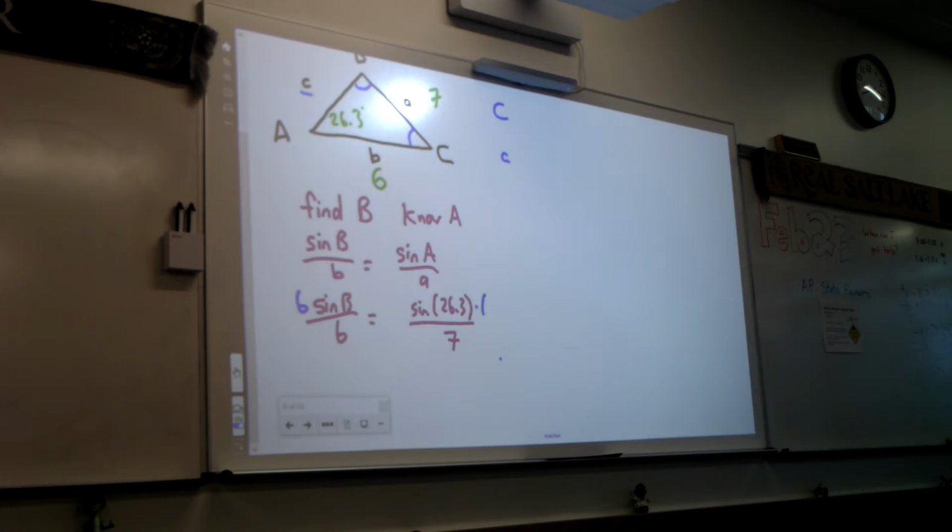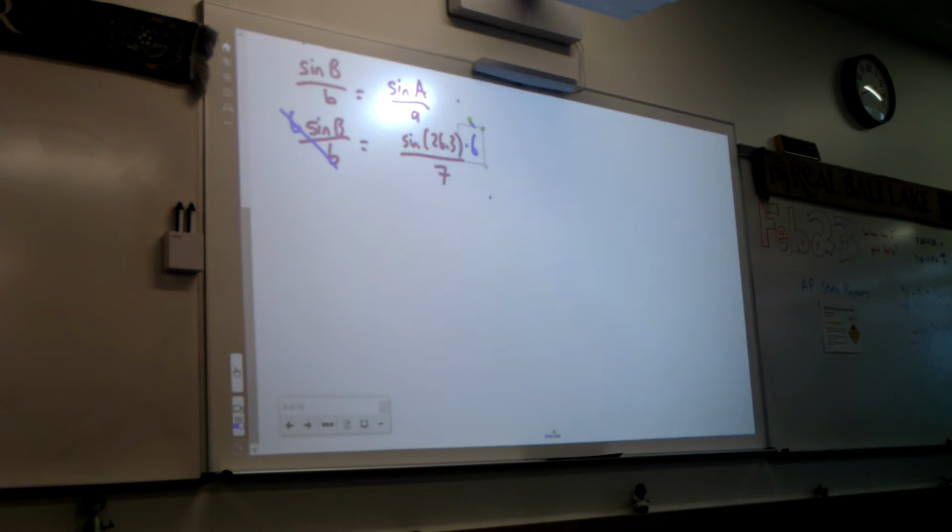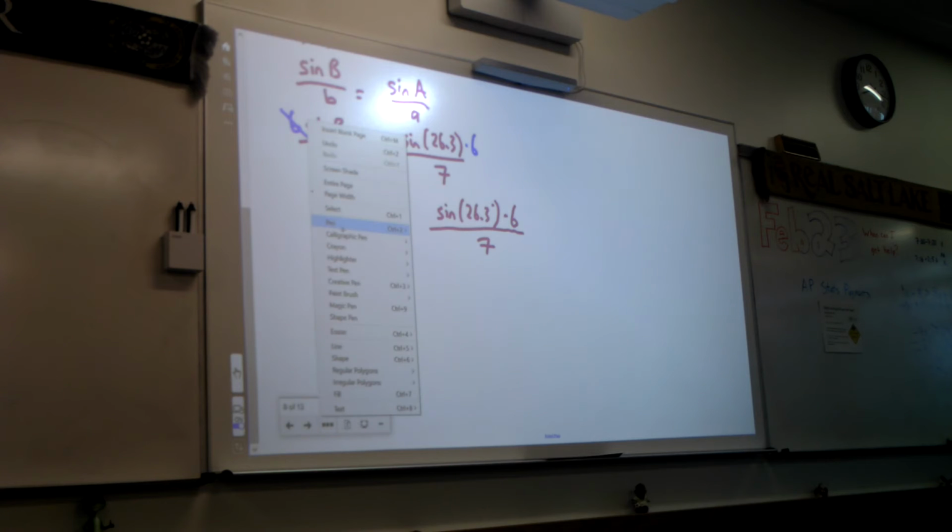Okay, so then before you go putting that in your calculator, we're not quite there yet, because this is still the sine of B that's equal to the right side, the sine of 26.3 degrees times 6 divided by 7. We don't want the sine of B, we just want plain old B, but it's being acted on by sine.